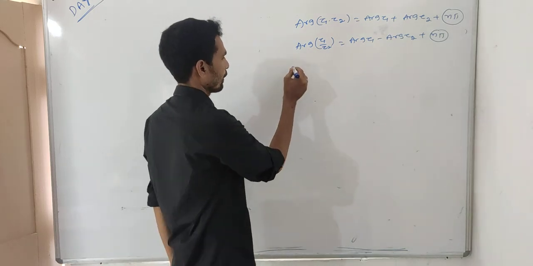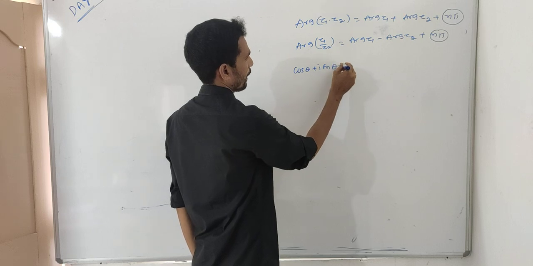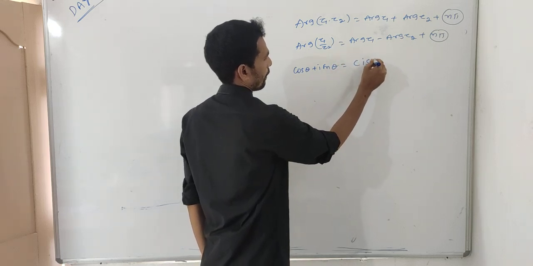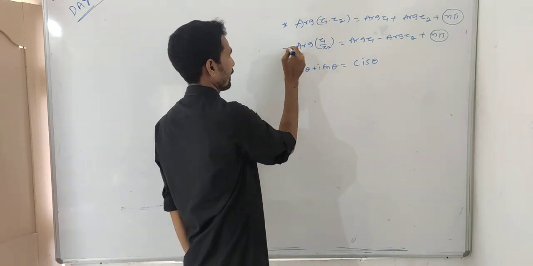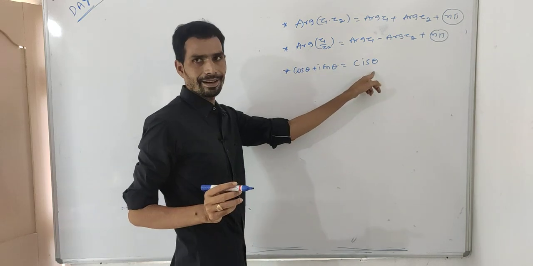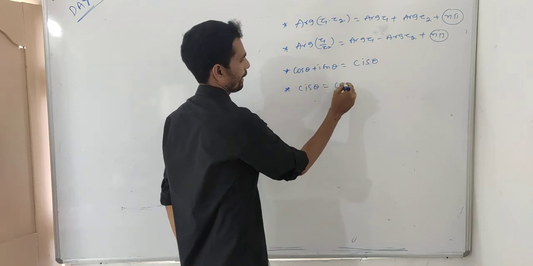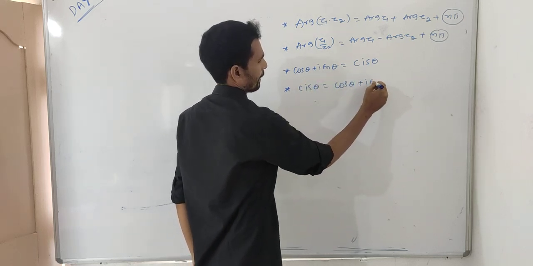Another formula is there. Cos theta plus i sin theta can be written as cis theta. So cis theta means indirectly cos theta plus i sin theta.